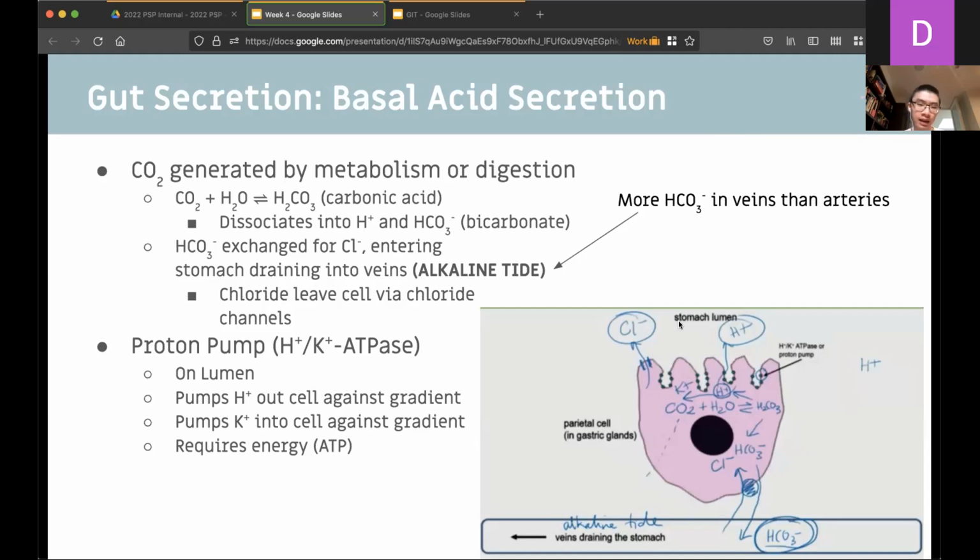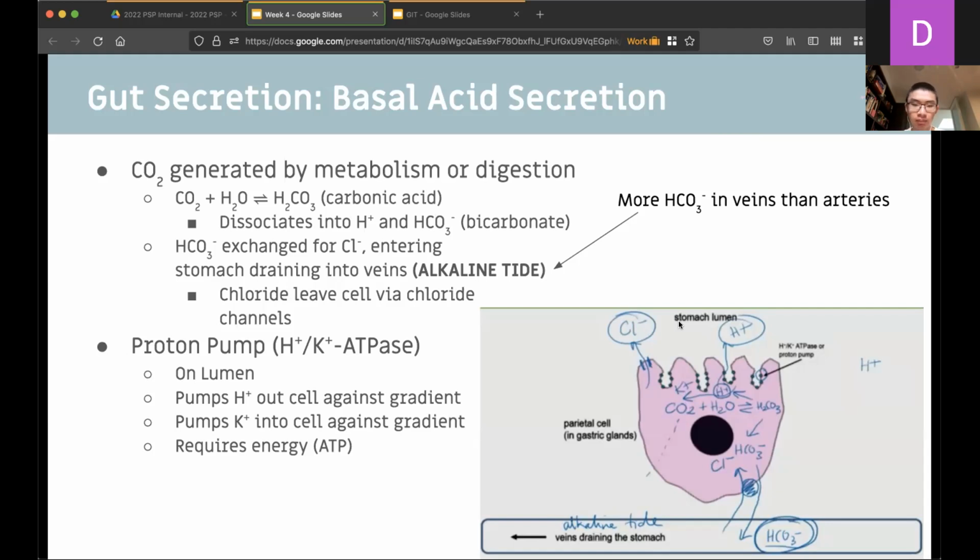So now you've got the hydrogen and bicarbonate. The bicarbonate is exchanged for chloride, which enters, and the bicarbonate leaves the parietal cell, draining into veins.